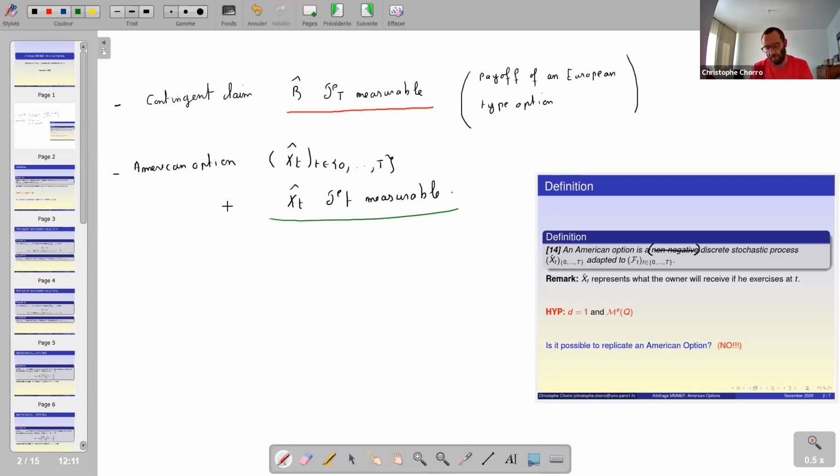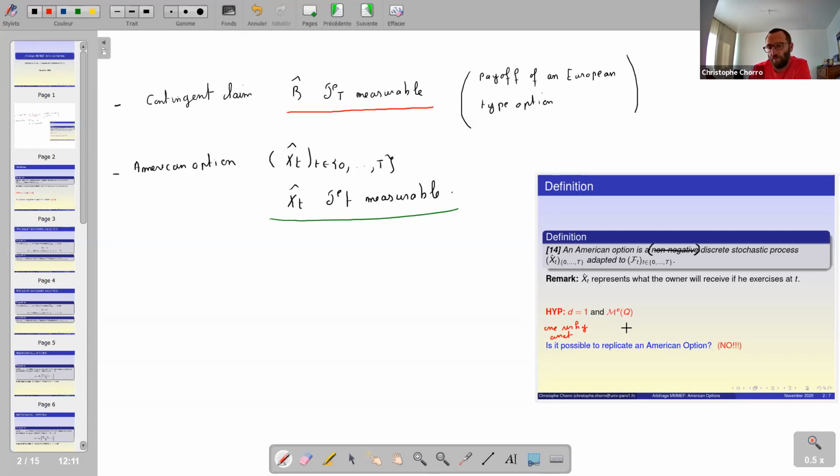So from now on, to study this kind of product, we are going to suppose the following. I suppose that I have a single risky asset, and only one. Why not?